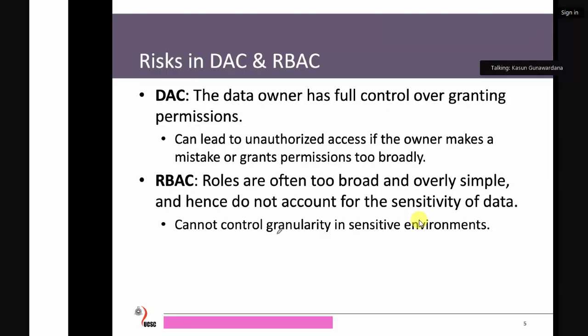If a user has the role of manager, as an example, these manager roles might have access to more data than necessary because it's a kind of generic role, but each and every user who is assigned to this manager role might not need all of the data which is accessible through it, right?